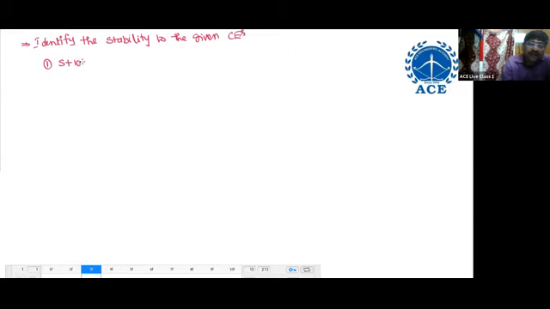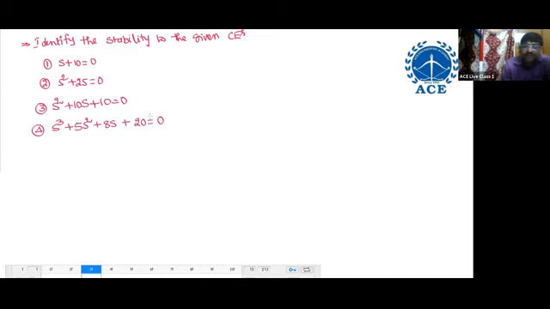First one, S plus 10 equal to 0. Second one, S square plus 25 equal to 0. Third one, S square plus 10S plus 10 equal to 0. Fourth one, S cube plus 5S square plus 8S plus 20 equal to 0.